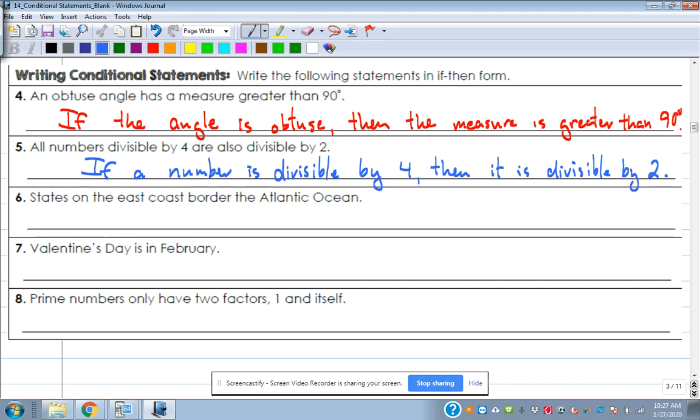Definitely. Why not the other way around? Is a number that's divisible by 2 automatically divisible by 4? Definitely not.